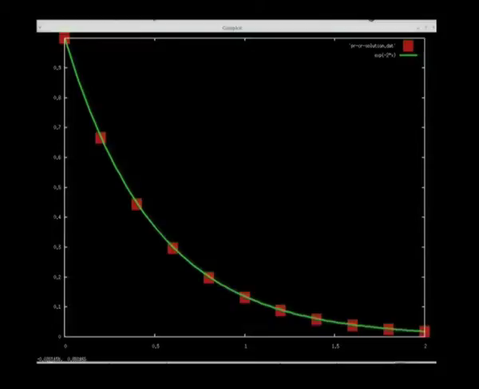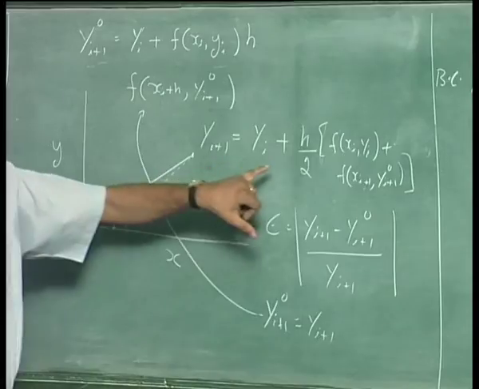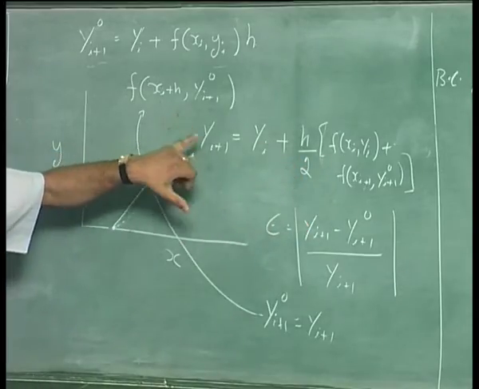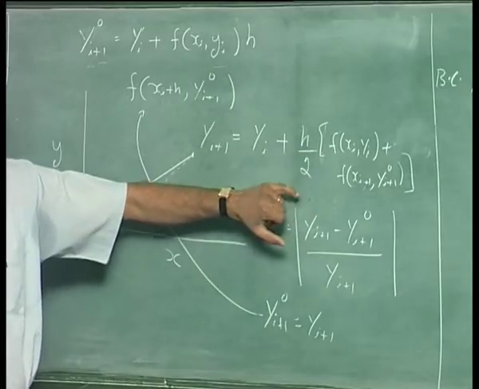So the predictor corrector scheme is definitely much better compared to the Euler scheme, but here again we are using a similar technique, that is we are evaluating the function value many times to get the correct solution.